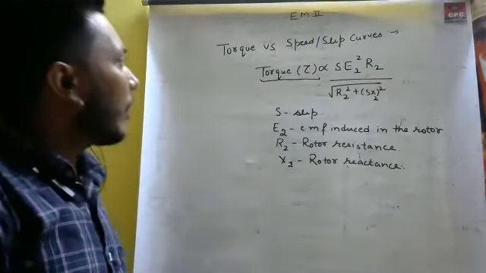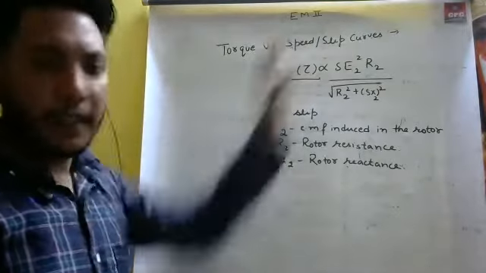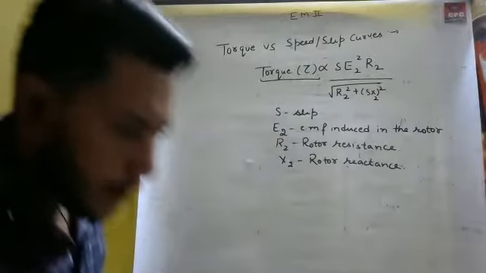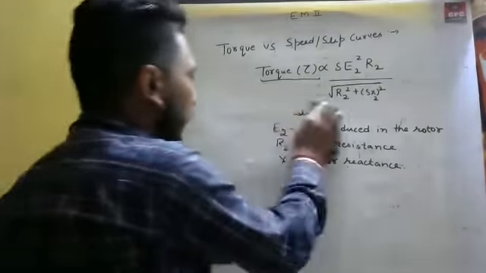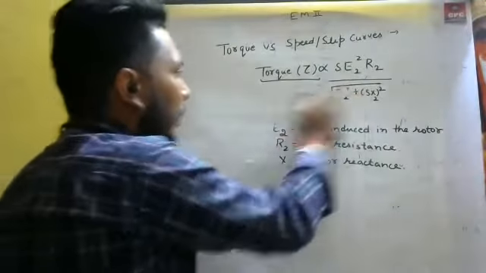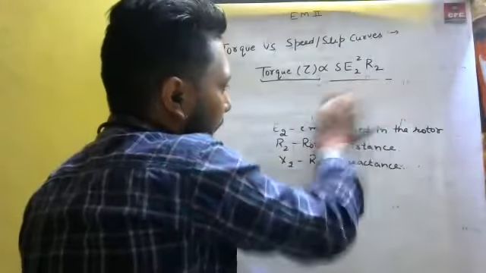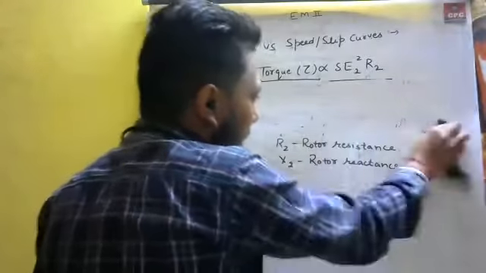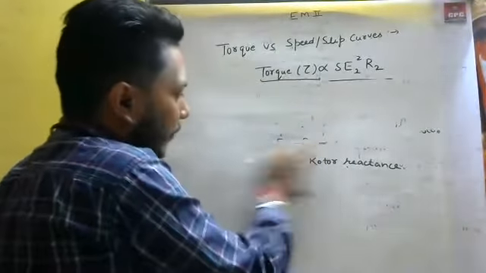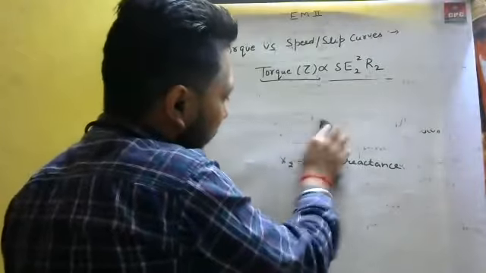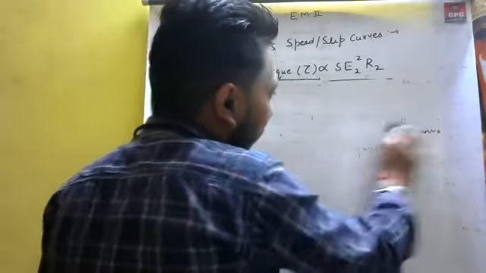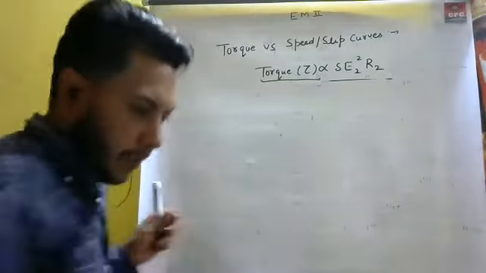Now we are talking about the torque versus slip or speed curve. In this topic, firstly, we plot slip along the x-axis and torque along the y-axis.